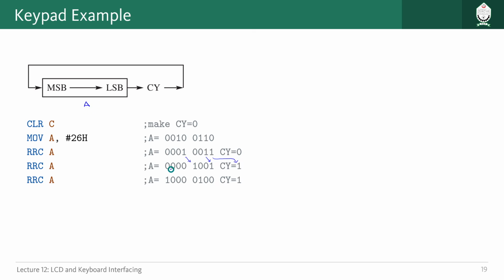So everything will shift including the carry. Then if we execute the same command again, you see this one has come here and this one has come here, right? And the carry, previously, has now gone here. In this way it will just rotate right.